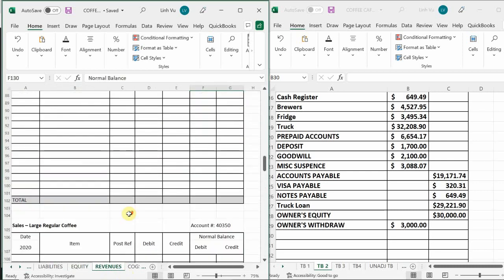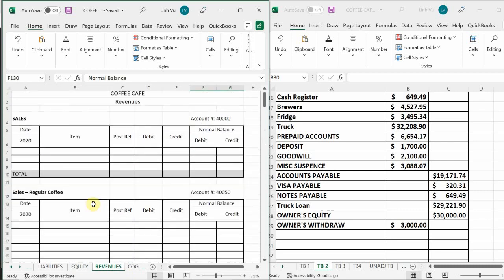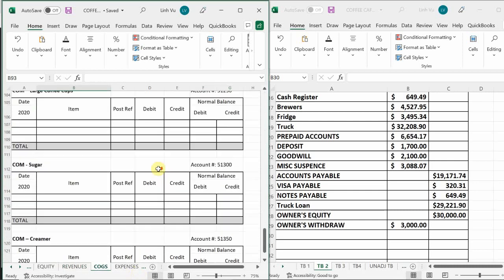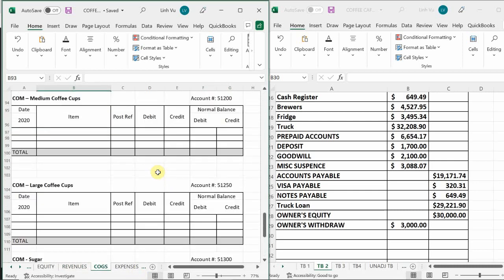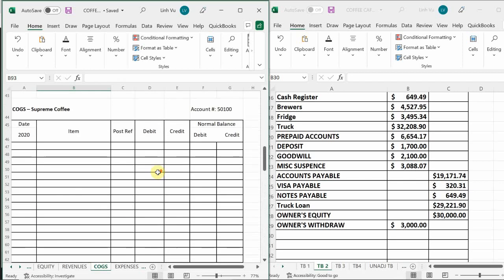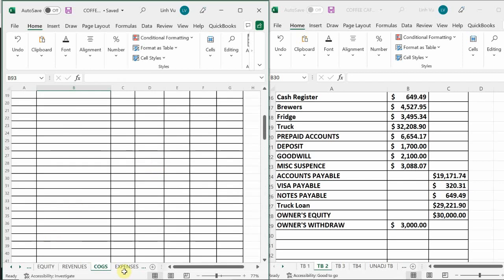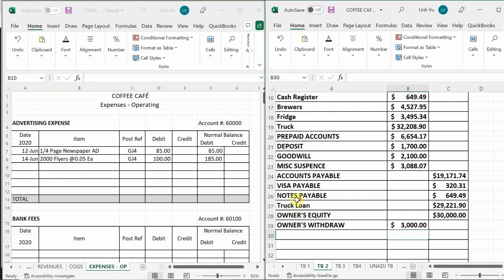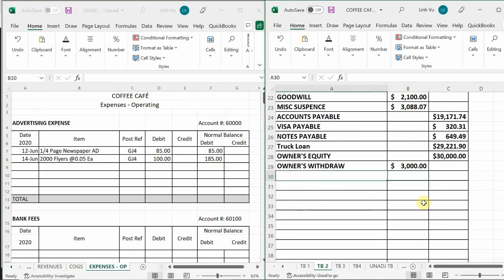Revenues, once again, we haven't sold anything yet, so there's nothing there. Cost of goods sold, which is directly correlated to our sales in our inventory, we haven't sold anything yet. Okay. So the last accounts that we're going to look at are our operating expenses. Starting with the first one, advertising expense.